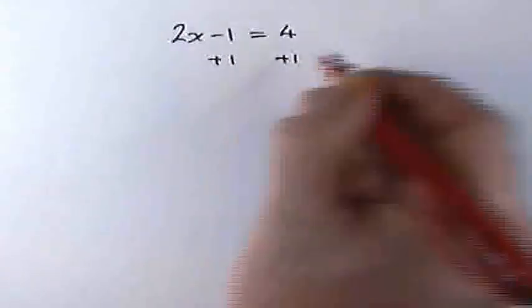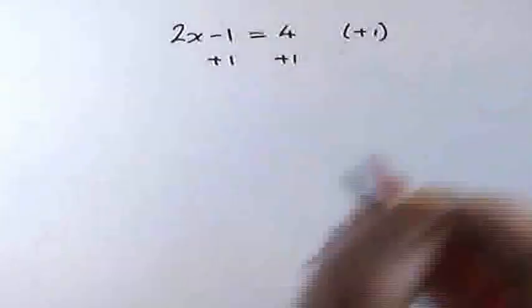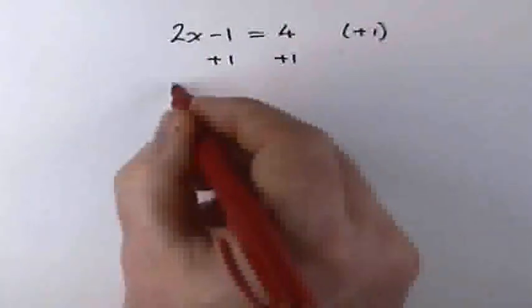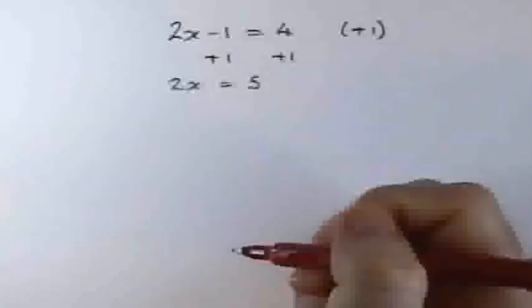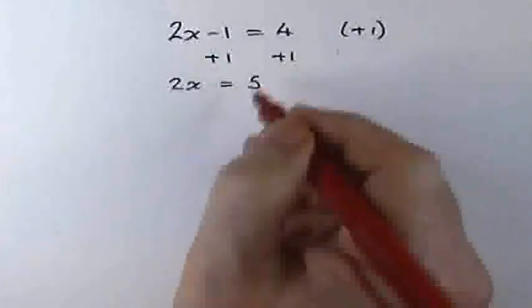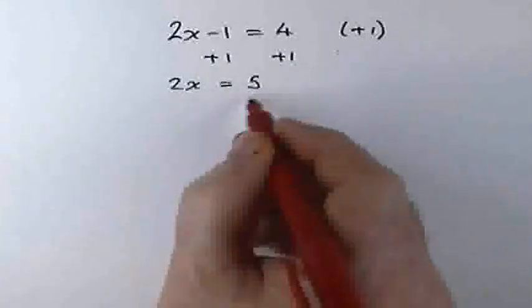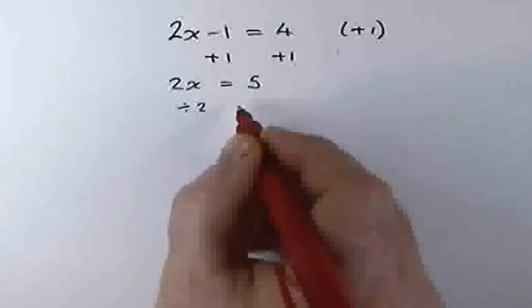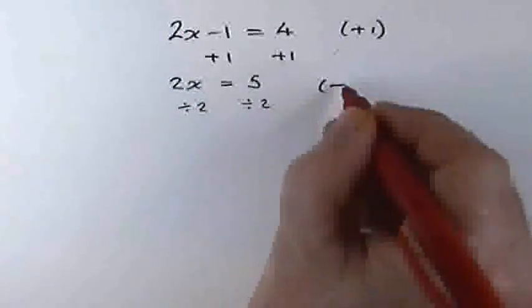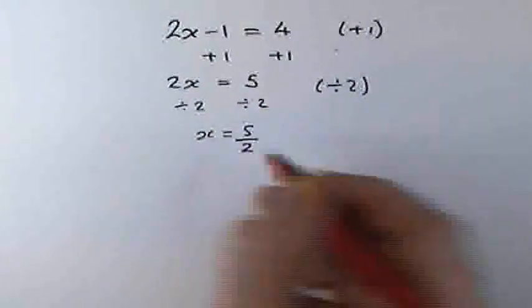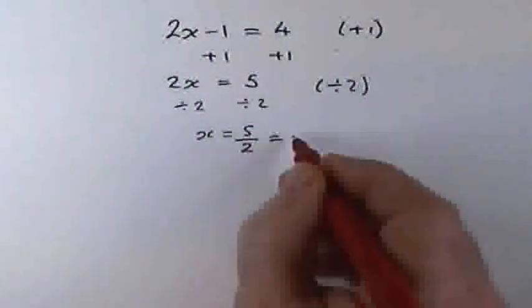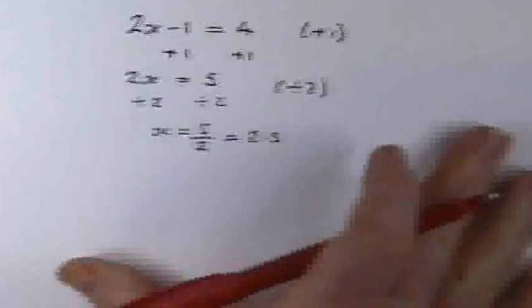You can write it down underneath, or write it to the side, or, as you would do later on, not write it down at all. You'll just write down a second step without showing what you've done. And then we're going to divide both sides by 2, and we get x is equal to 5 divided by 2, or 5 halves, or 2.5.